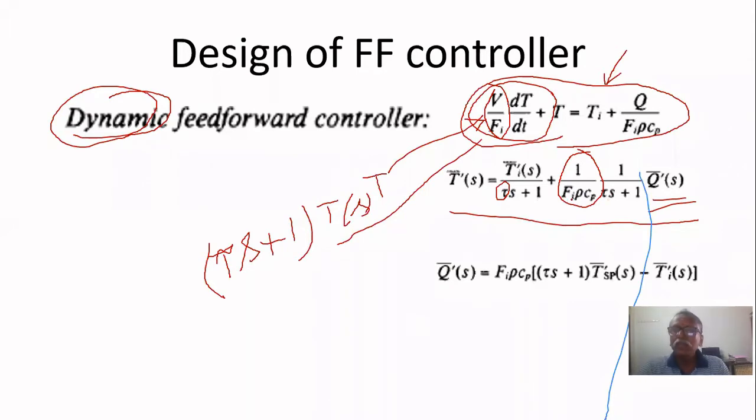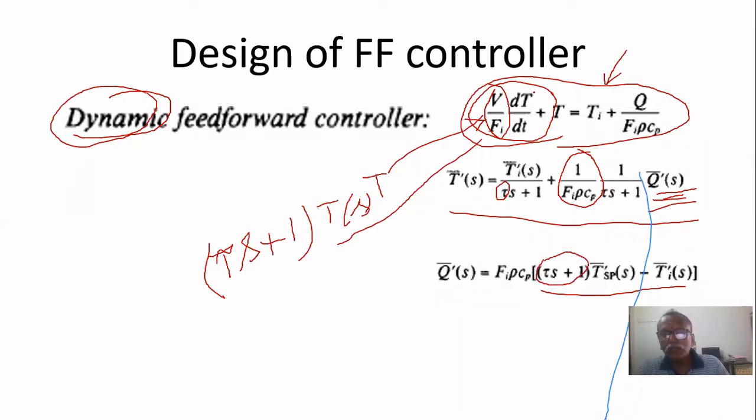Again, if you want to find the controller, we have to find Q equal to what? Keep Q on one side and bring everything else to the right-hand side. You will get tau S plus 1 times T set point of S minus Ti of S. The difference between the static model and this is this part.